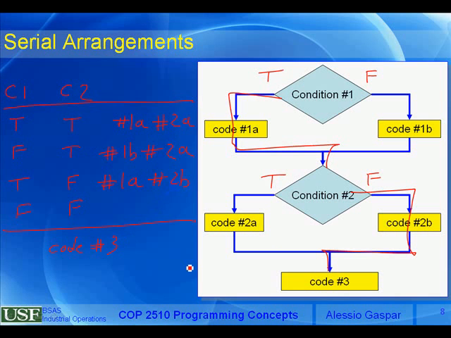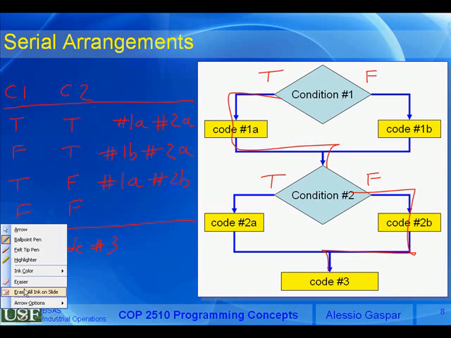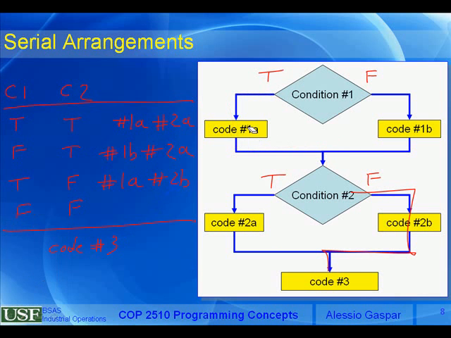And then, of course, code number 3. Last one, going to erase those execution paths. Last one is telling me that I'm going to have my first condition false, which means execute code 1B. My second condition is also false, which means execute code 2B.